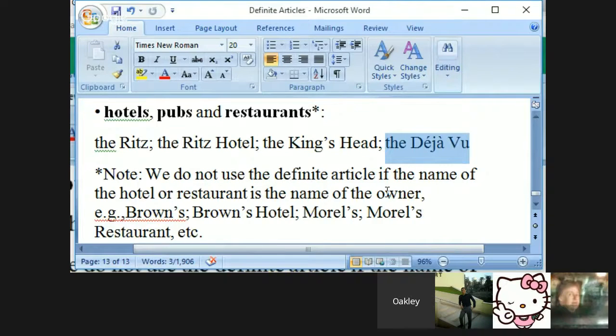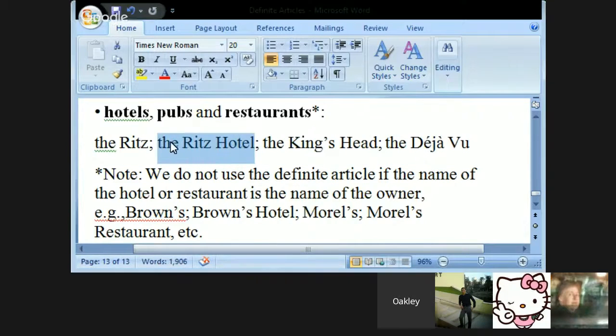Sometimes, like where I'm going, Hector's, maybe it's called Hector's Bar. It would be very normal to not use the. This is more formal if you're speaking more formally, or it's a more formal establishment, as in the Ritz Hotel, a very classy, expensive hotel.